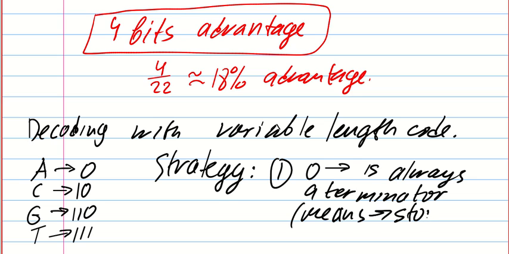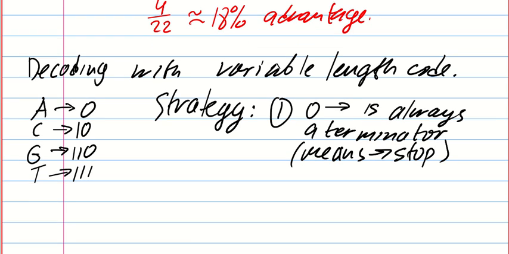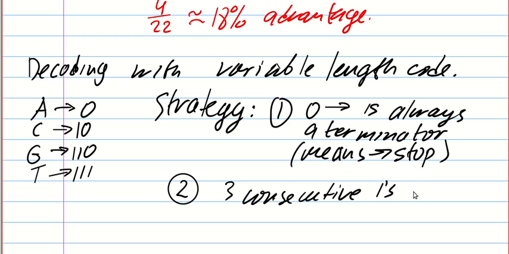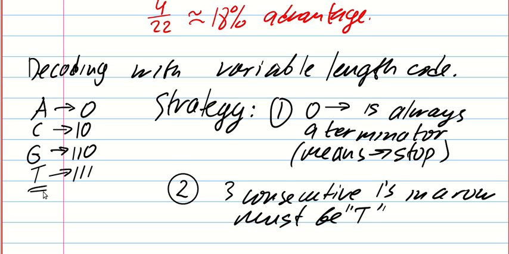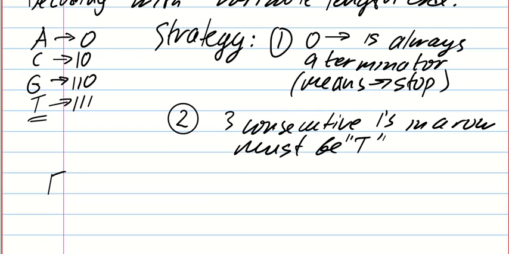And the second thing that you have to watch for is 3 consecutive ones in a row. So that must be T. That's all. We'll watch for 0, but if we don't see 0 and we counted 3 ones, we stop. Let's do an example, and this would be the end of this lecture.